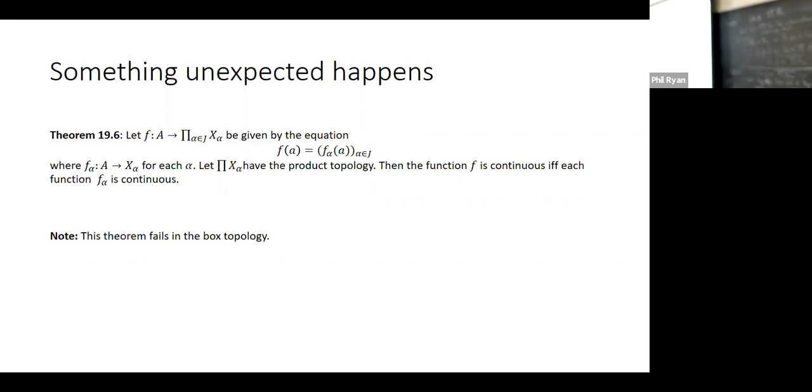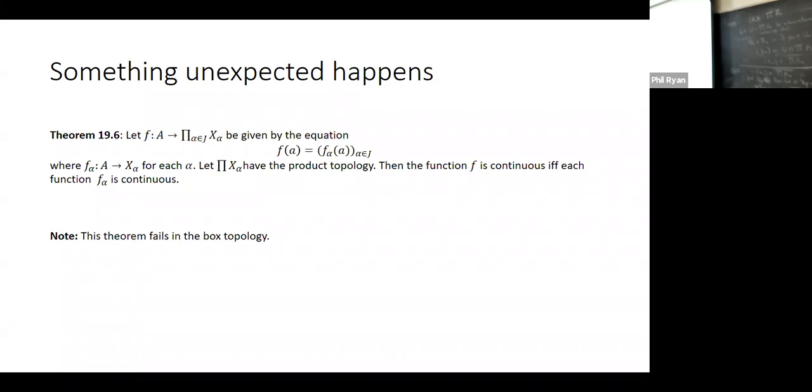And that is, if we have a function from some set into the Cartesian product, where each coordinate has a coordinate function, then only in the product topology is it true that f, the whole function, is continuous if and only if each coordinate function is continuous.